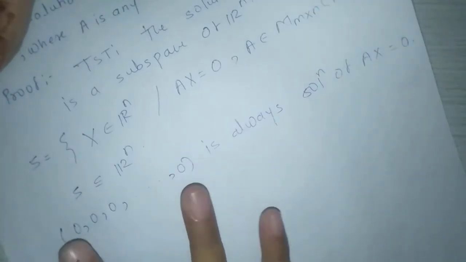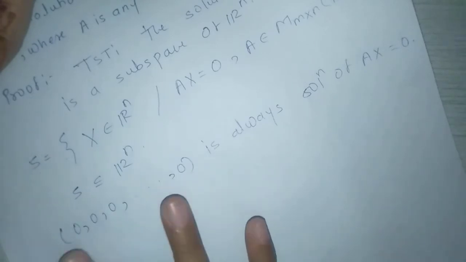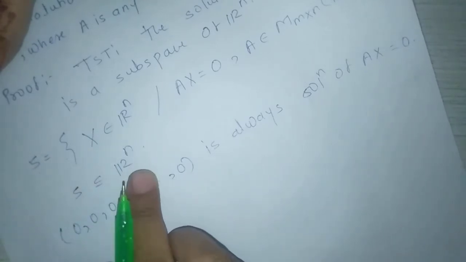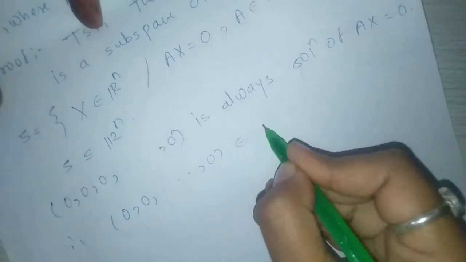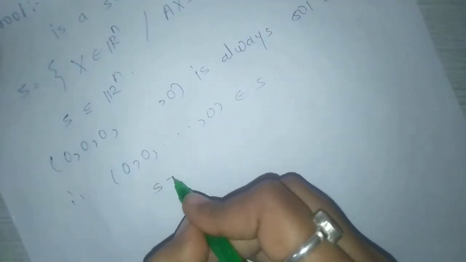Here we take 0 n times because S is a subset of Rn. Therefore (0, 0 and so on, 0) belongs to S, means S is non-empty. First condition of the subspace is satisfied.